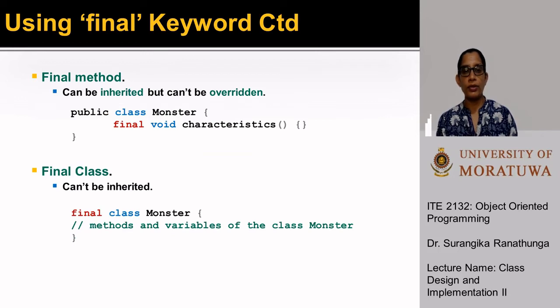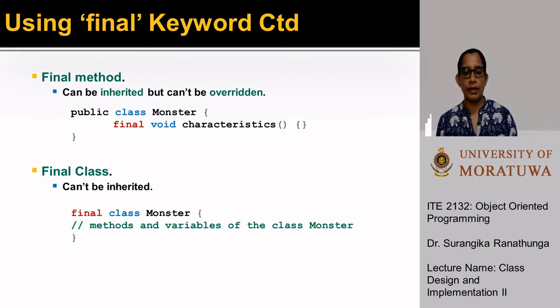And if we use the final keyword with a method, for example, here final void characteristics, and we have such a method in the superclass, the functionality can be inherited, but it cannot be overridden. That means a subclass cannot have a method called characteristics because the superclass characteristics method is final.